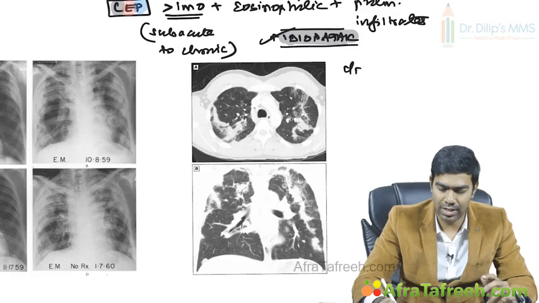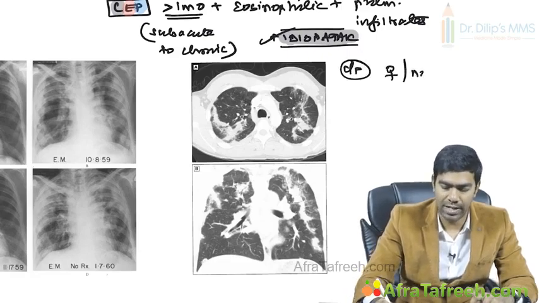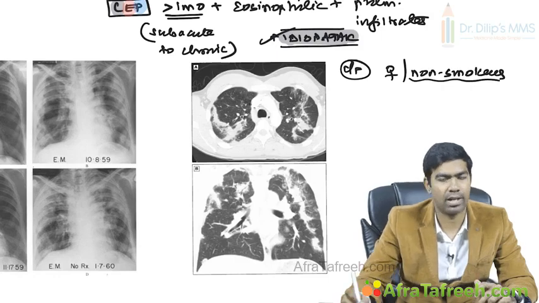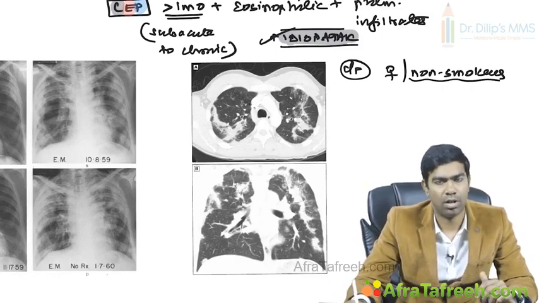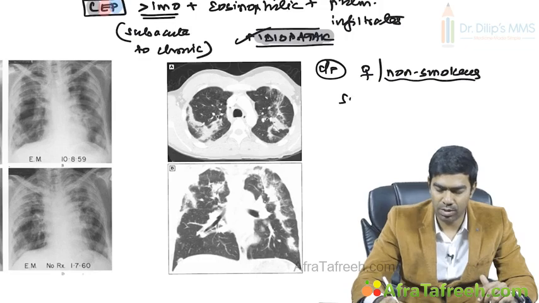And what are the clinical features? Clinically, this disease is more common in females and very typically in non-smokers. Again, this is a very important point because pulmonary Langerhans histiocytosis is common in smokers. This is common in non-smokers. At the same time, they present with the classic ILD features, that is shortness of breath and cough.